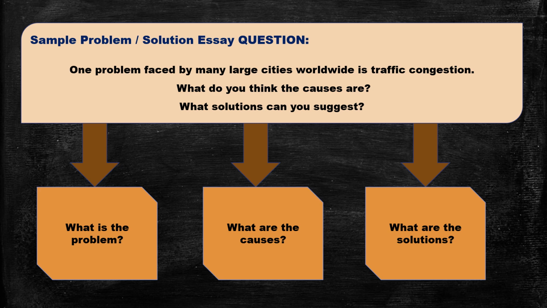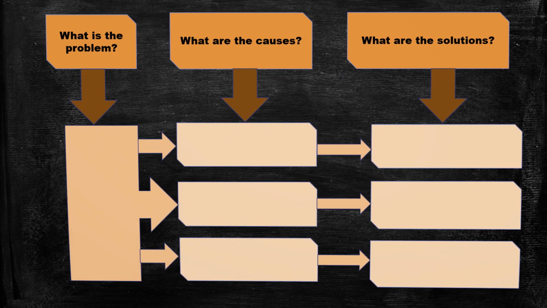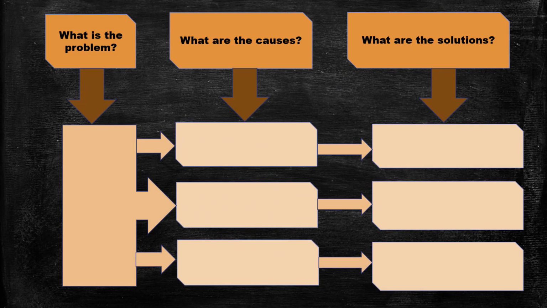Write down first what is the problem. Check the question and see if it is asking you for the causes of the problem or effects of the problem. Write it there. Then write what are the solutions. You may use this kind of mind map to write your answers.